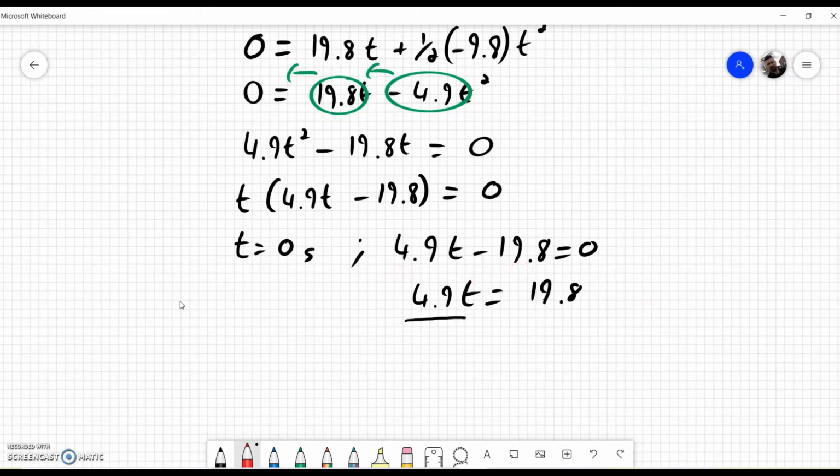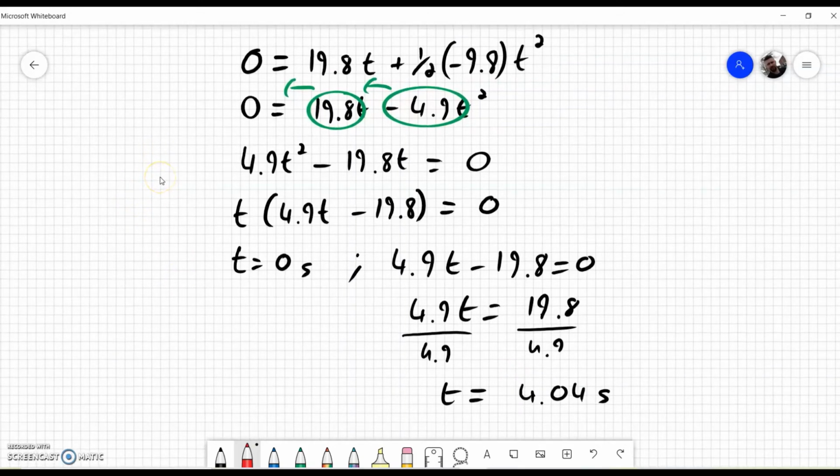So what I need to do then is divide both sides by 4.9. And if I just do that on my calculator, that will give me a final value for t of 4.04 seconds.